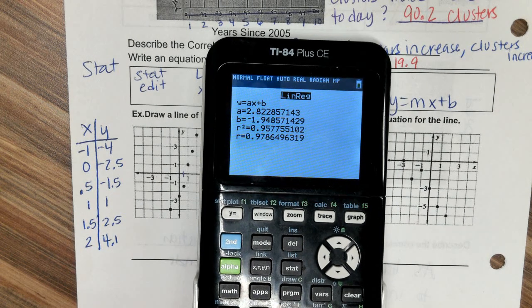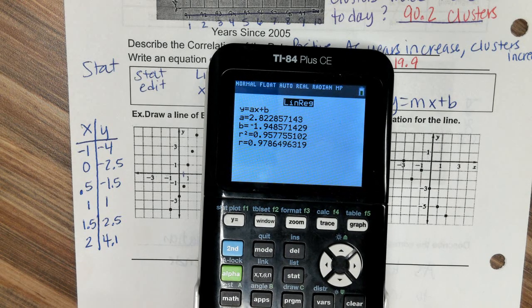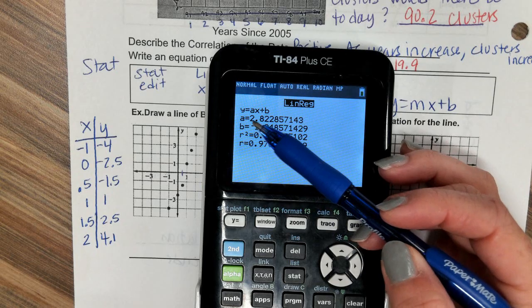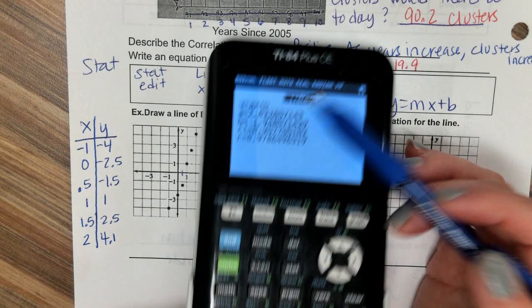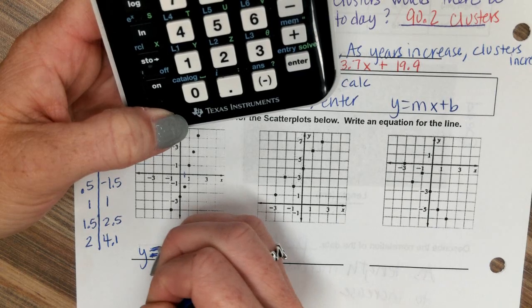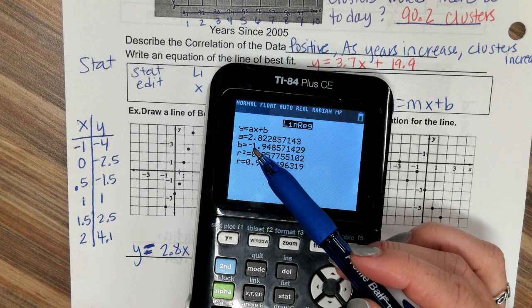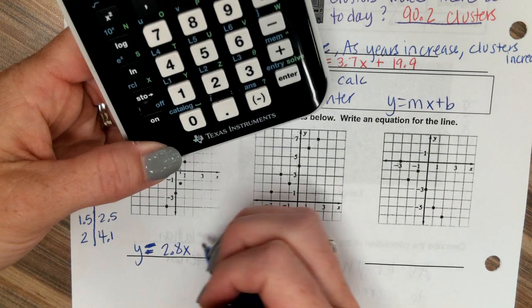Write the equation of the line of best fit. We're going to round to the tenths place. So what's my slope? 2.8, so y equals 2.8x. And what's my y-intercept? Minus 1.9.